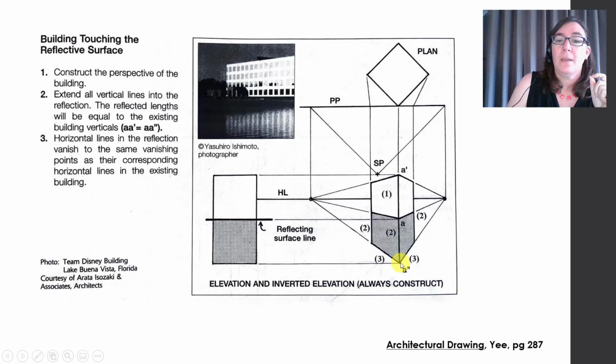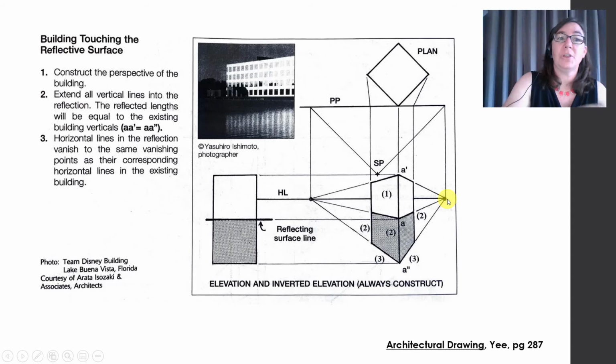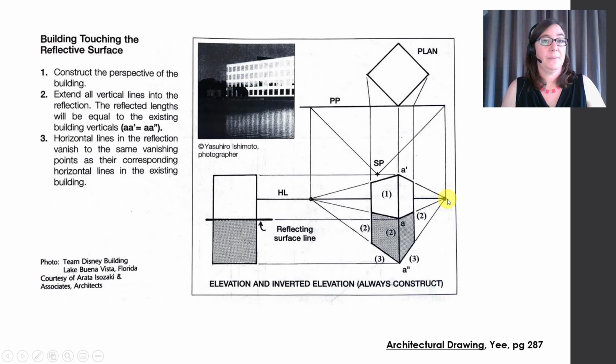Next, you want to construct your horizontal lines, and they're going to vanish to the same vanishing points as your original building, your original subject. And that's how you construct a reflection in a horizontal surface.